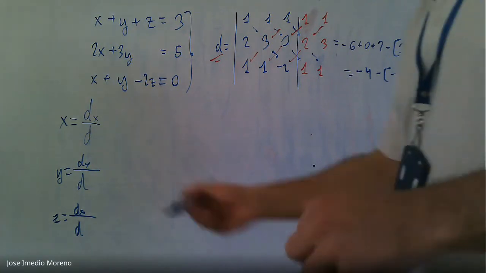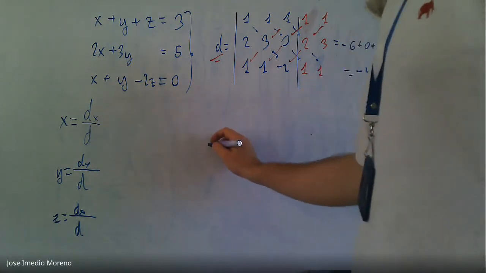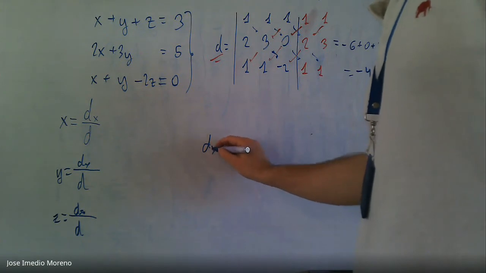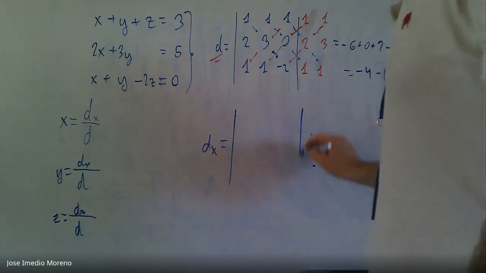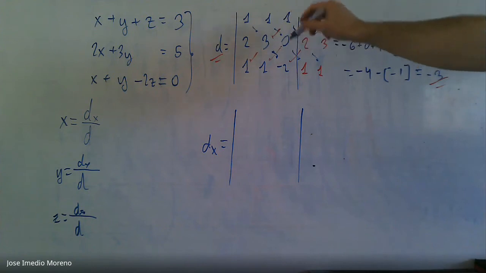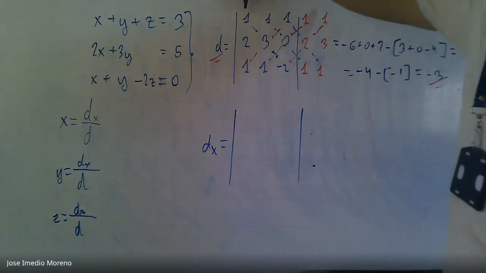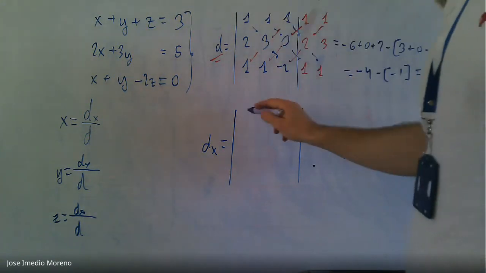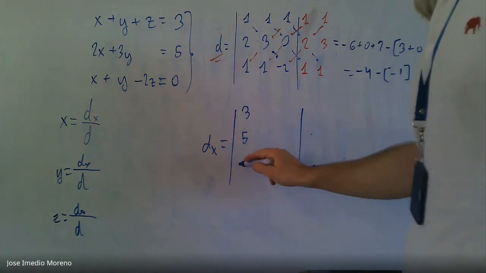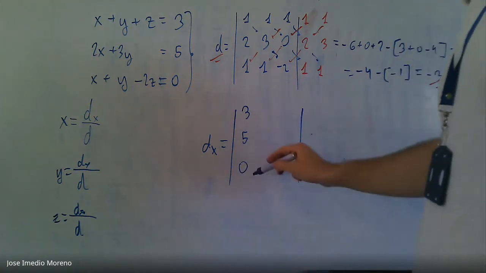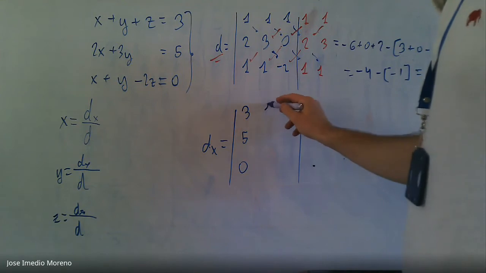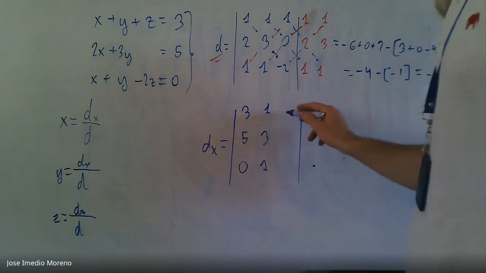Let's start by computing D sub x. D sub x is the same determinant, but replacing the first column, which means that we put the independent terms in that column. So this is how it's going to look.